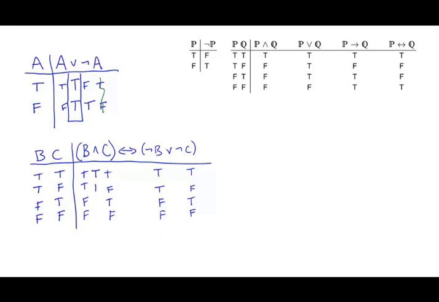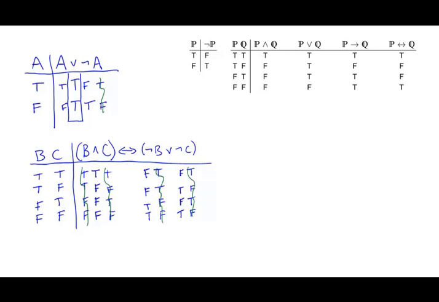The conjunction is true, where at least one is false, they're all false. Now to calculate the other side, we need to take care of the negation. So C goes TF, TF, so not C is going to go F, T, F, T. B goes T, T, F, F, so not B is going to go F, F, T, T.